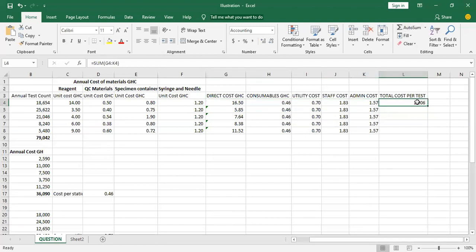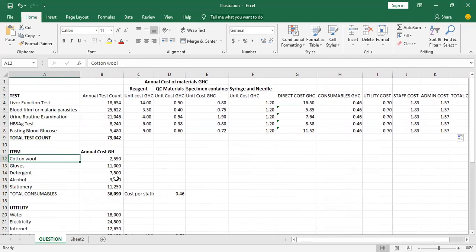So for LFT, we have 21 CDs, and we drag and get for the rest. So essentially, these are the total cost for each of the tests, as we can see here. Now, what it means is that we have successfully shared all the indirect costs among all the tests that were run.